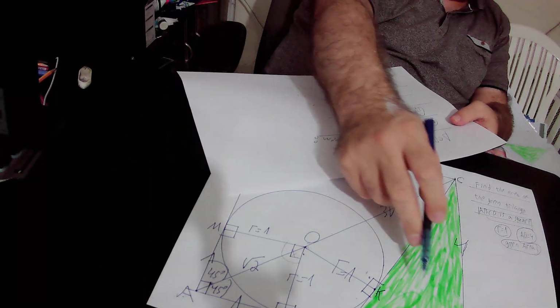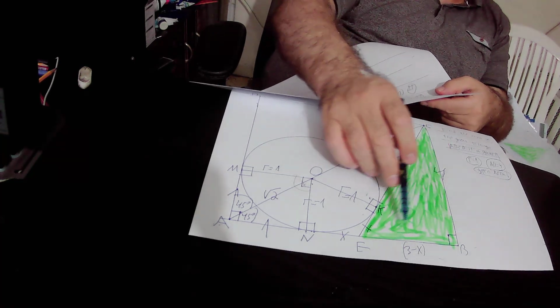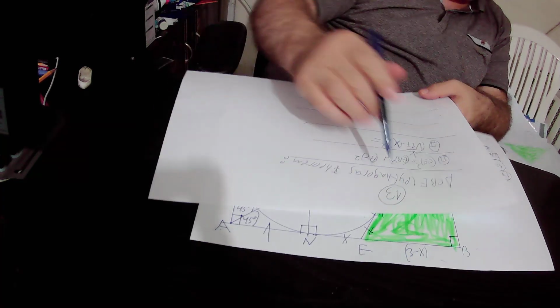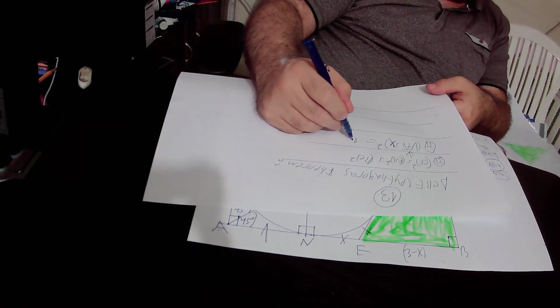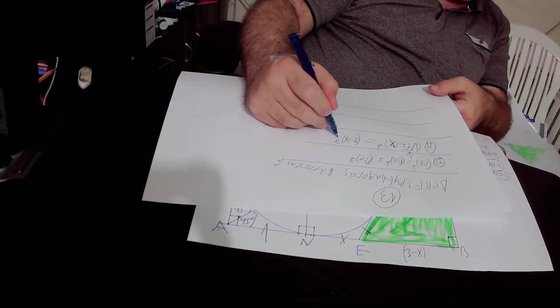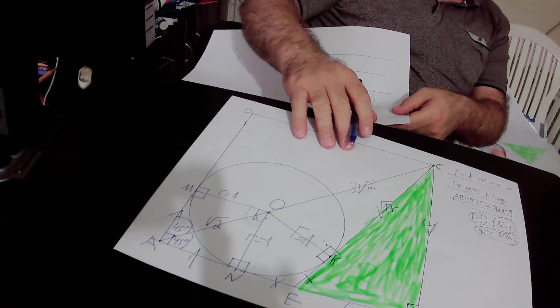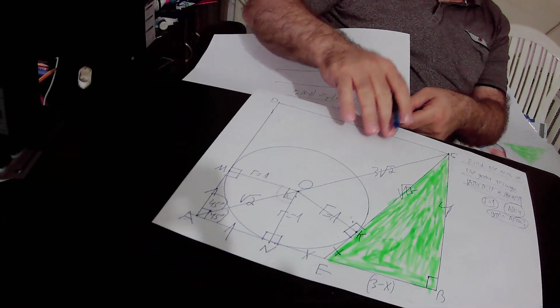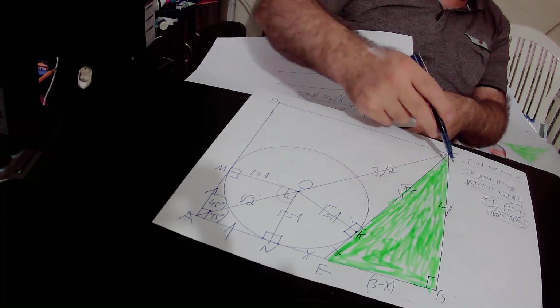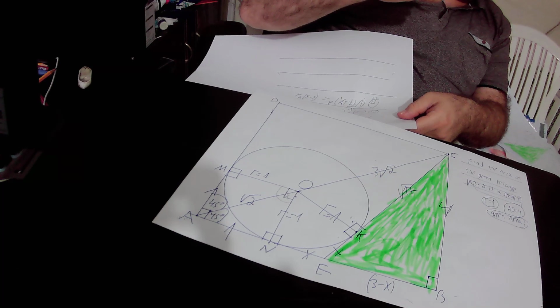EB equals 3 minus x. If EB equals 3 minus x, then EB squared will be (3 minus x) squared, plus BC squared. You can see here, BC equals 4 units. If BC equals 4 units, then BC squared will be equal to 4 squared.